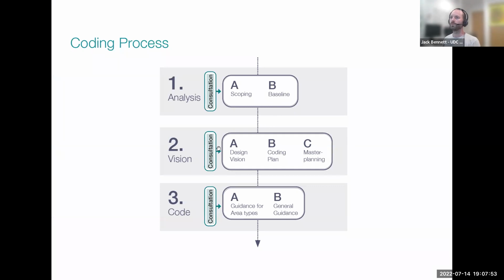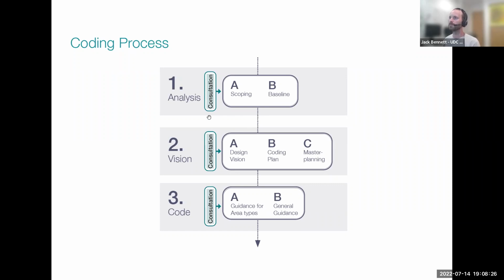So this is the overview of the process, starting with analysis, scoping, defining where we wanted to cover, the main issues that we want to try and control, the baseline information, so understanding of what the district is like as it exists now, what the heritage assets are, what the landscape character is, what the built form is like, public transport, where the waterways are, all these kind of things, building up a really detailed picture of what it's like already.